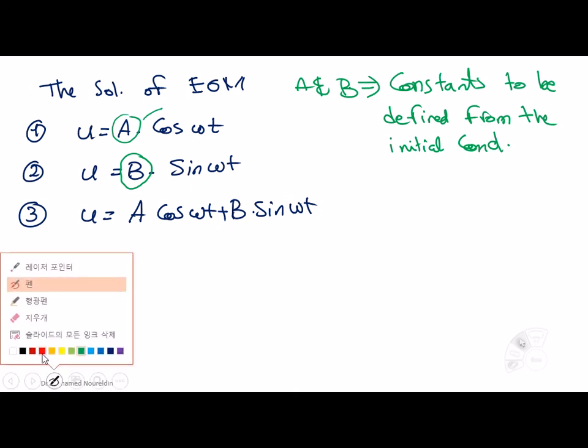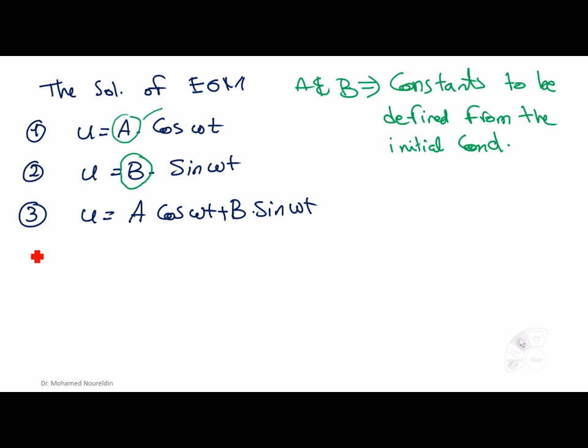So if we use equation 1, what will happen in this case? First of all, we need to put what is u dot and u double dot, right? So u dot is going to be minus omega a sine omega t.